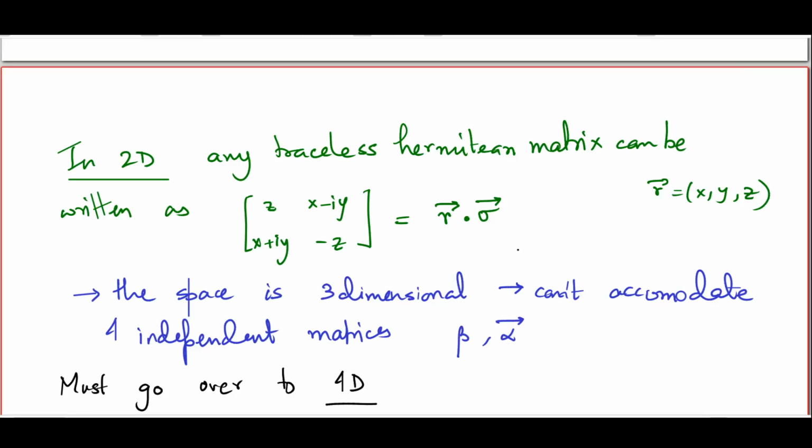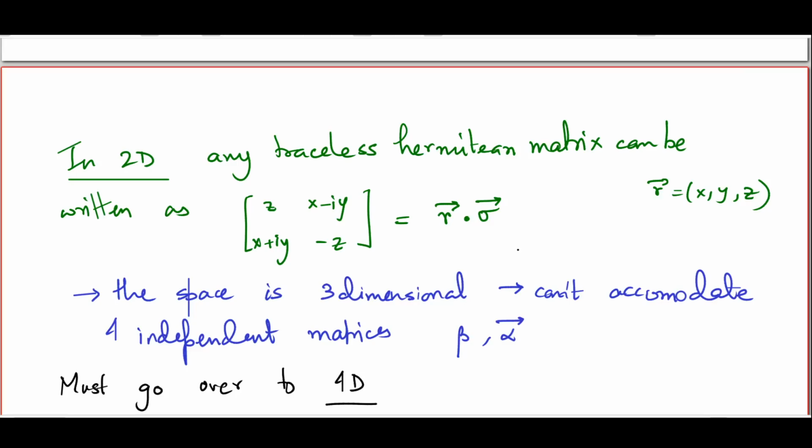And this is shortened or abbreviated to the expression r vector dot sigma, where r vector of course is x, y, z, the position vector, or something which looks like a position vector at least, and the sigma vector is just a way of saying that we have three matrices, sigma 1, sigma 2 and sigma 3.